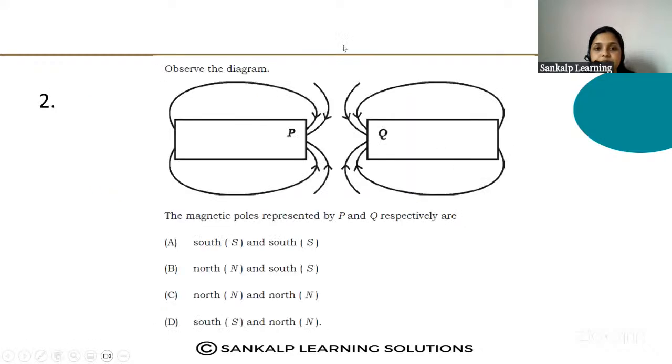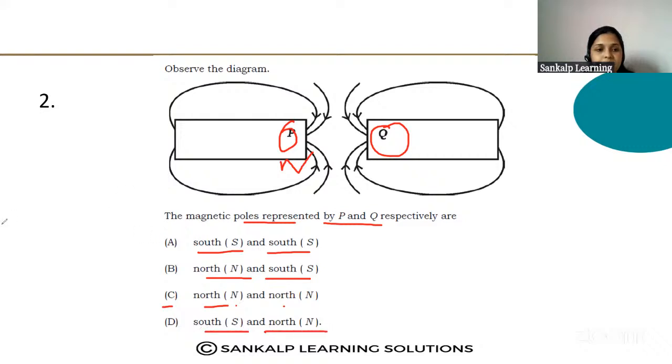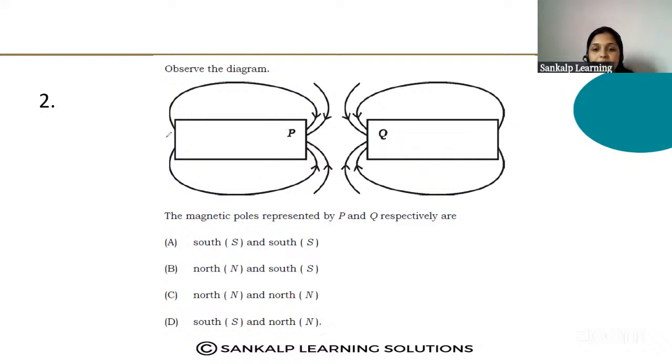Second question. Observe the diagram. The magnetic poles represented by P and Q respectively are, what is P and what is Q here? Option A, south S and south S, both are S and S. Option B, north N and south S. Option C, north N and north N. And option D, south S and north N. Here just see the magnetic field lines, how they are extended.